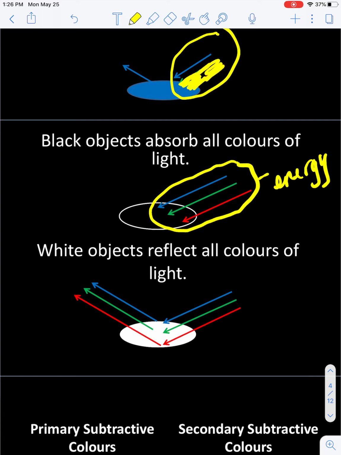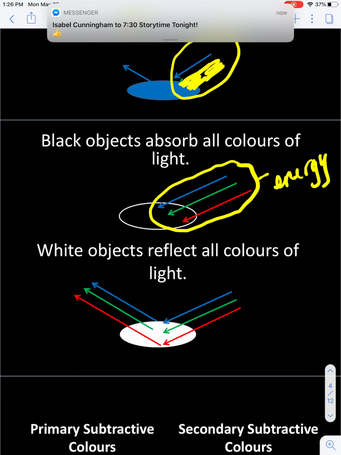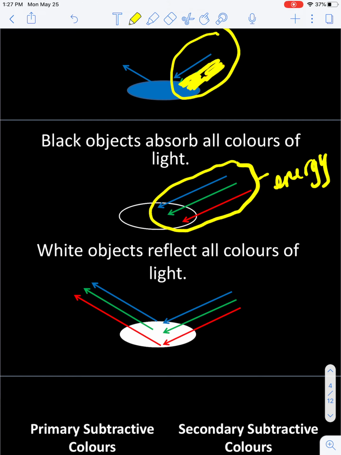Instead of bouncing off your black shirt, they will be absorbed by the black shirt, and nothing will be reflected off. And since the energy is being absorbed by you, because it's going into your black shirt and then obviously into your body, you get really hot because you're absorbing the energy from the sun.